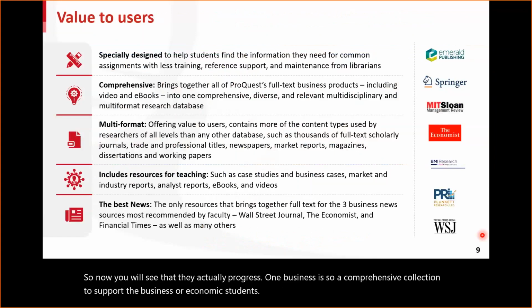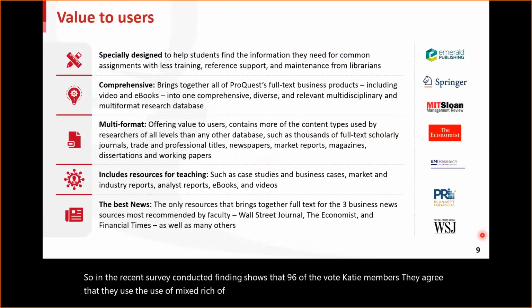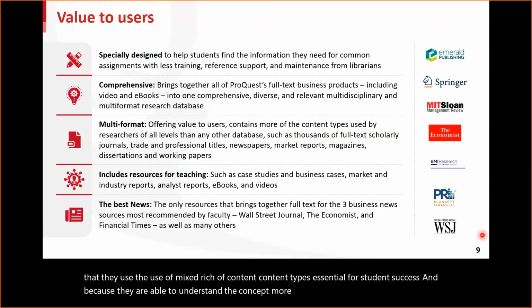In a recent survey, findings show that 96% of faculty members agree that the use of a mix of rich content types is essential for student success, because students are able to understand the concept more holistically, or the ideas more fully.